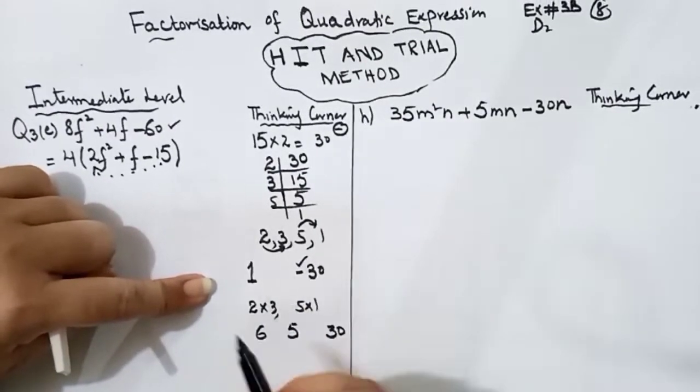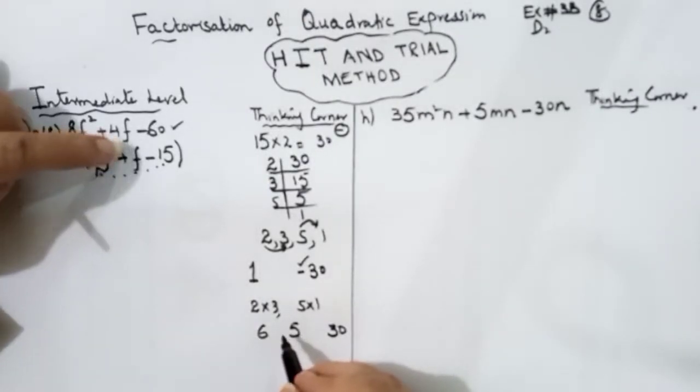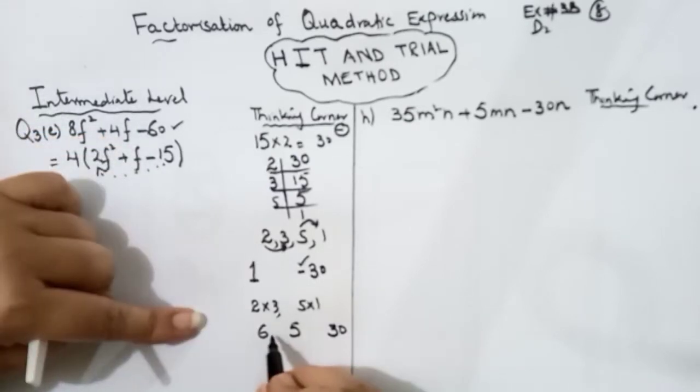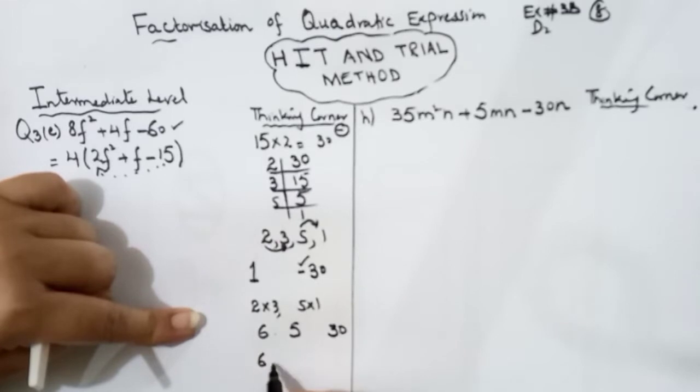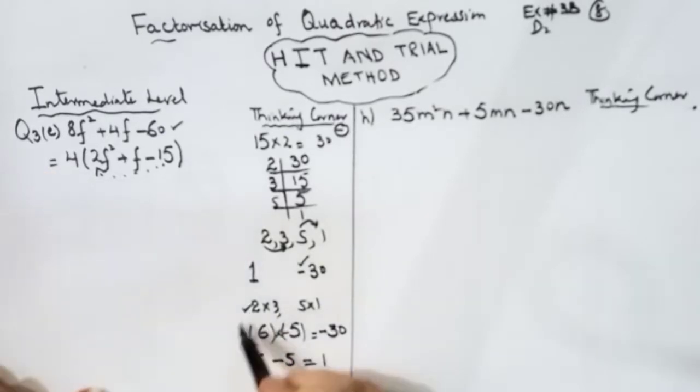So one of the factors must be with negative sign. And if I look at the question, the middle term has the positive sign. So it means that the bigger factor must have the positive sign and the smaller factor must have the negative sign. 6 minus 5 is 1, and 6 multiplied by minus 5 is minus 30. So this is a suitable choice.